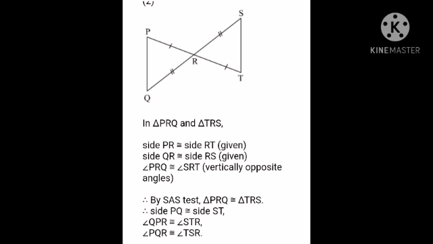Therefore, by SAS test, triangle PRQ is congruent to triangle TRS. Now, the remaining congruent parts are side PQ congruent to side TS, angle RPQ congruent to angle RTS, angle PQR congruent to angle TSR.